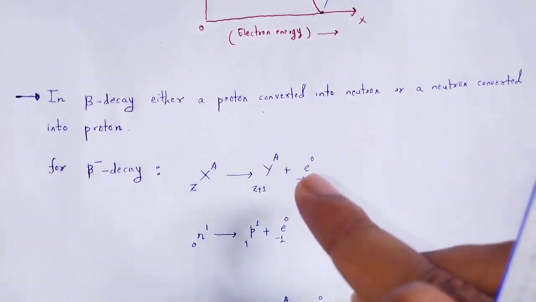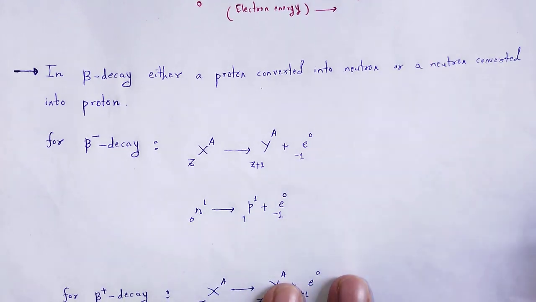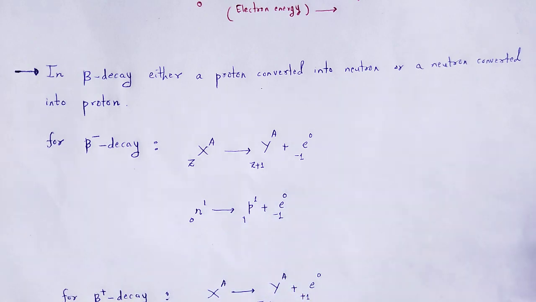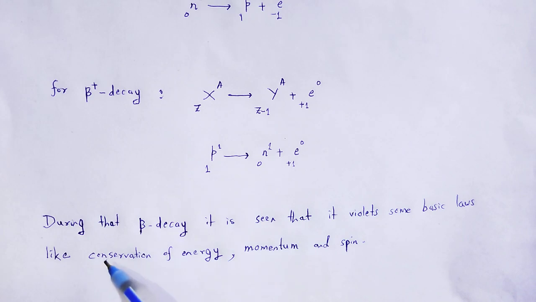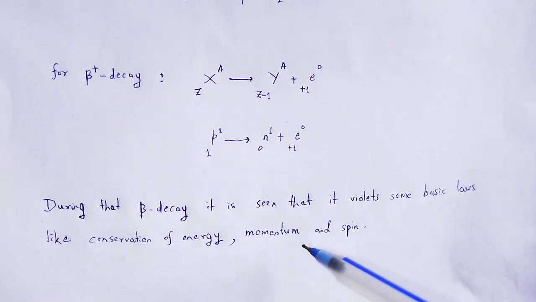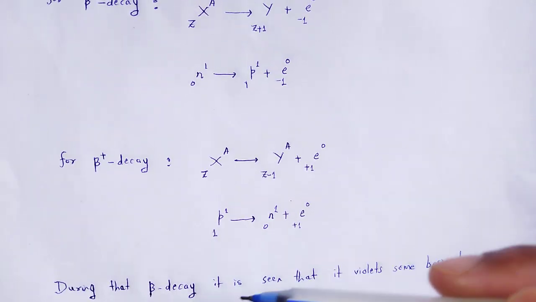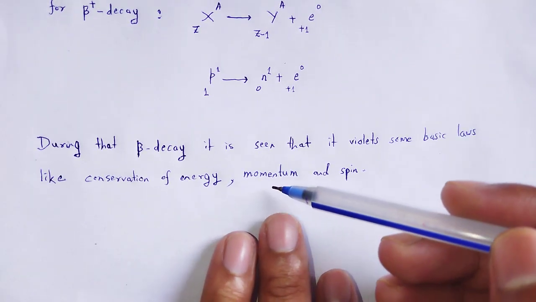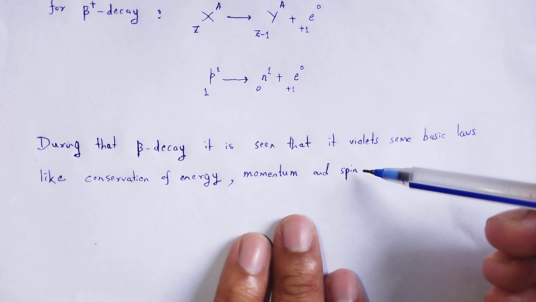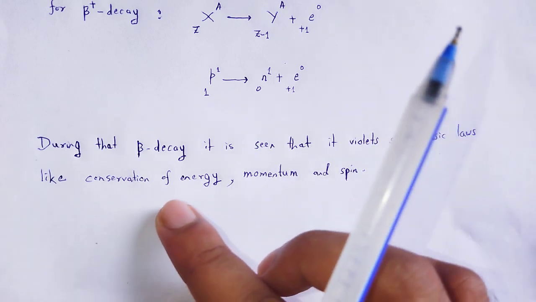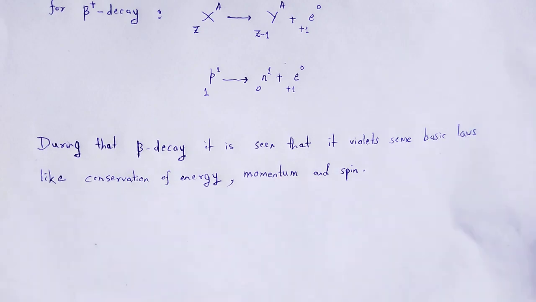So, there is no clarification regarding that energy, and it can't explain the beta spectrum. During beta decay, it is seen that it violates some basic laws like conservation of energy, conservation of momentum and conservation of spin. How does beta decay violate conservation of energy?